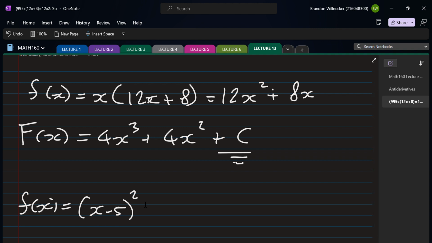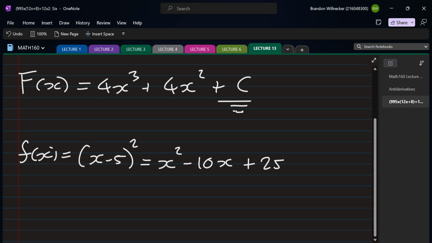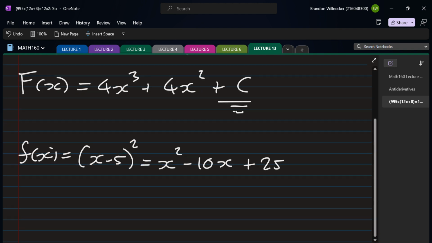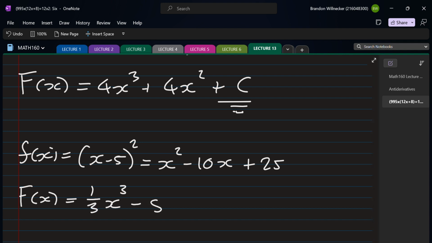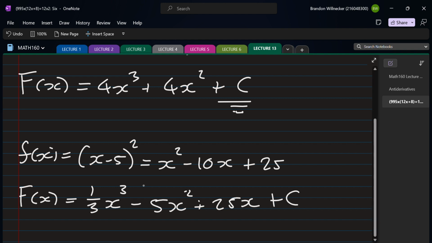Once it's in standard form, you can then carry on as usual. So this will be x squared minus 10x plus 25. Now it's in standard form, you look at it term by term, and you can get your answer. So capital F, that's now going to be 1/3 x cubed minus 5x squared plus 25x, and again, don't forget your plus c.